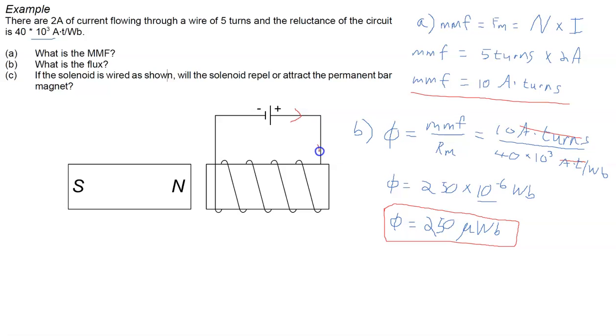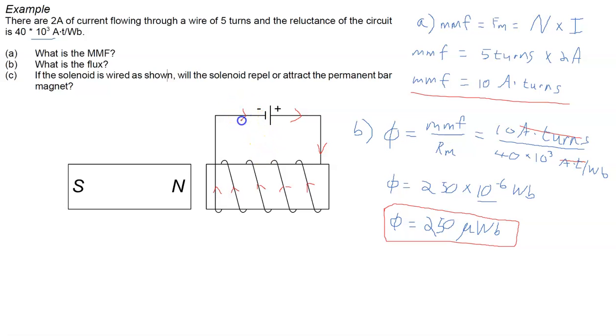And so down here then on the back of the magnet and around this way, and then of course this way, and so on, until it goes back to the battery.